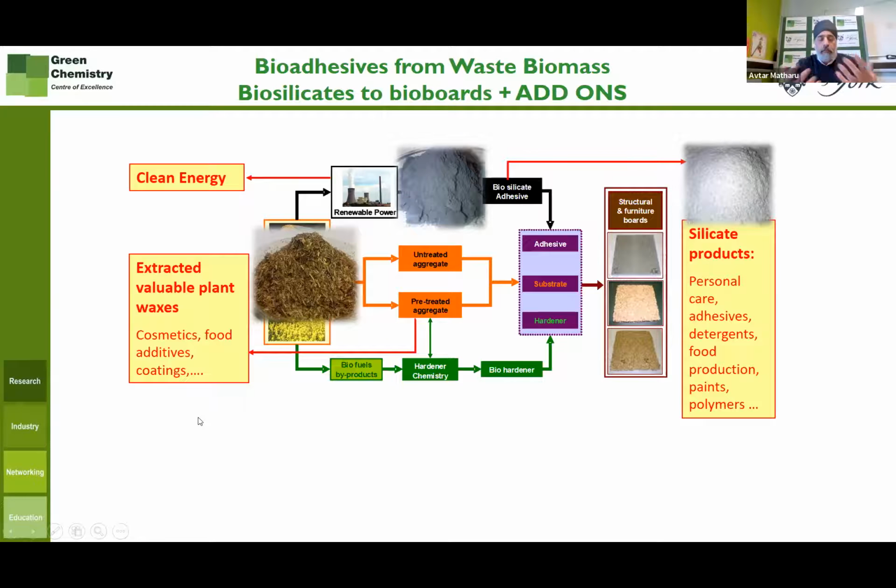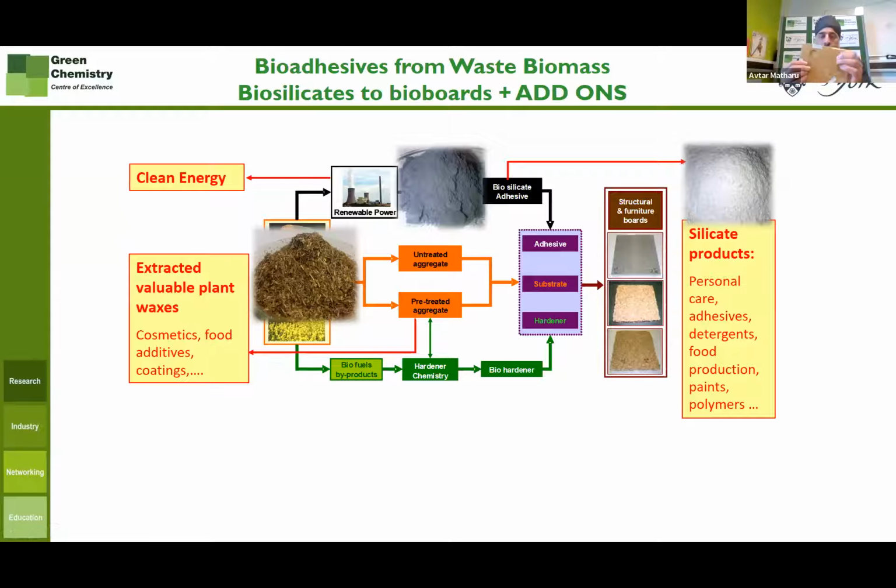The wax we extract as a natural coating, and that natural coating now gets used in cosmetic applications and in food additives. So we're adding to the concept of taking waste as a resource and not only making bioboards from it, but also valorizing this a lot further.